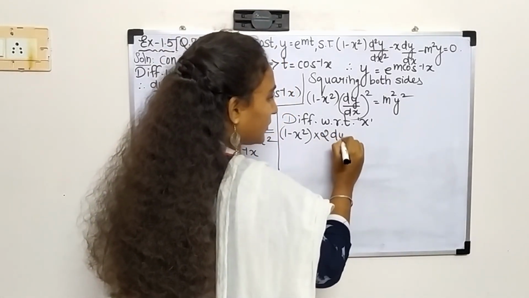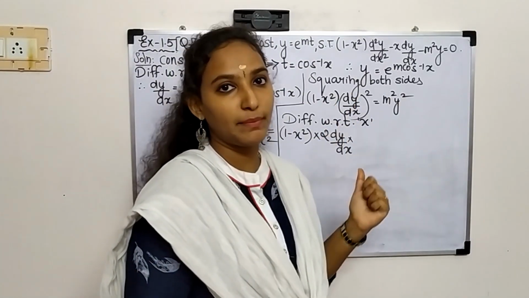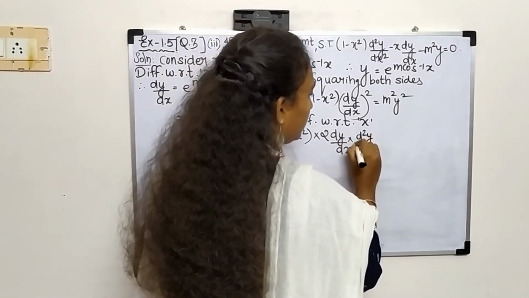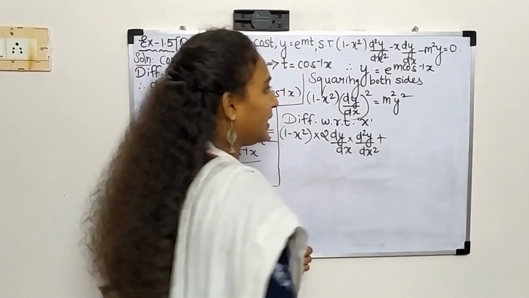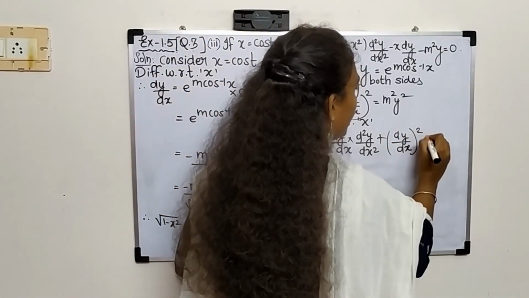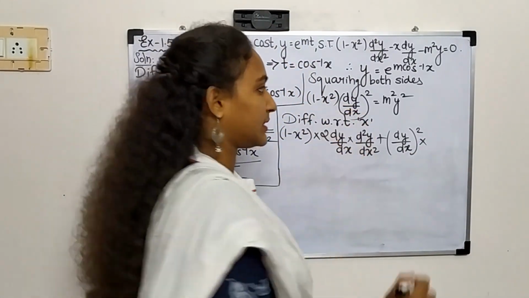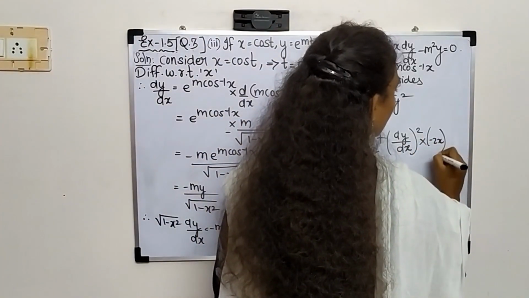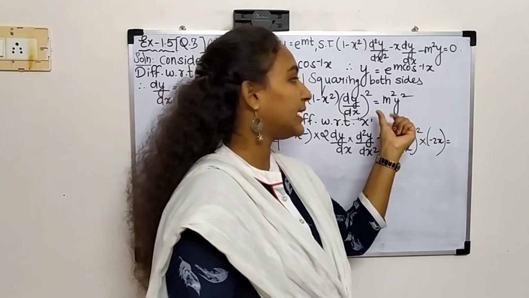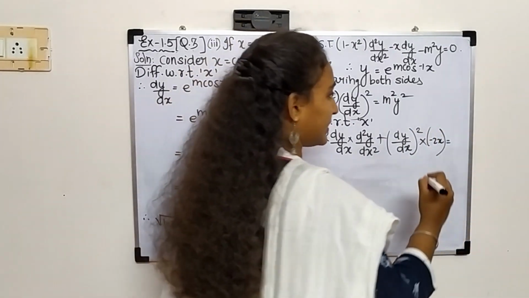So 2 dy by dx multiplied with derivative of dy by dx is d square y upon dx square, plus dy by dx the whole square into derivative of 1 minus x square, which will be minus 2x, which is equal to derivative of m square y square, which will be m square into 2y dy by dx.